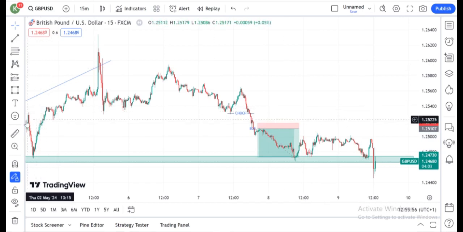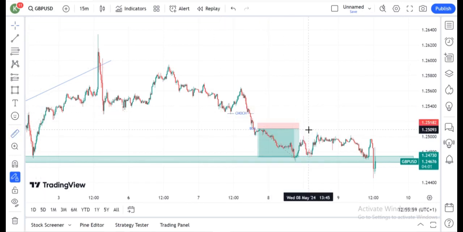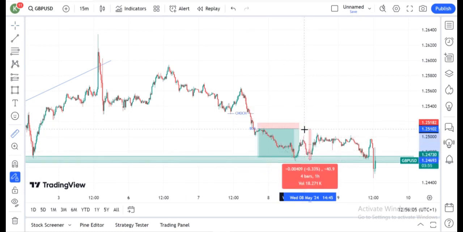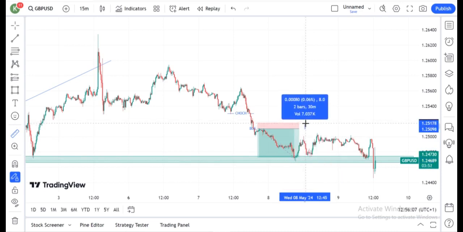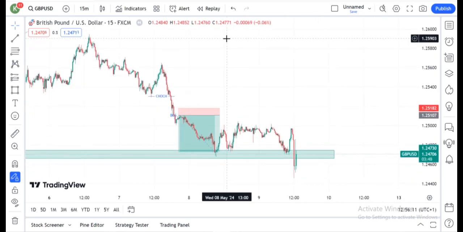You can see that, and this can give you a good move of about 40 pips against just a risk of 8 pips. Very beautiful entry. So this is how you can use spiral movements to get entries.